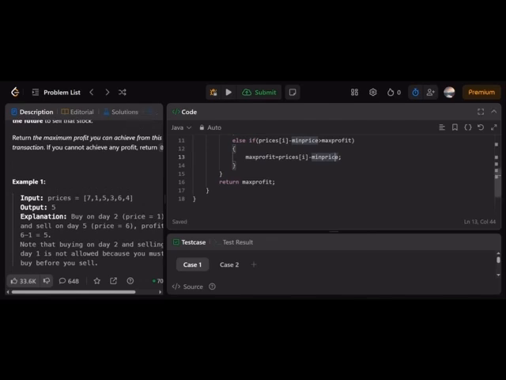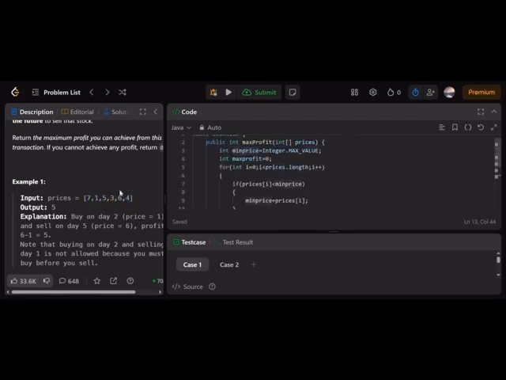Now it will just continue, it will go ahead with the 3, and then 6, and then 4. You can see that it is very optimal compared to the brute force approach, where we have to go through every single number and check the profit.